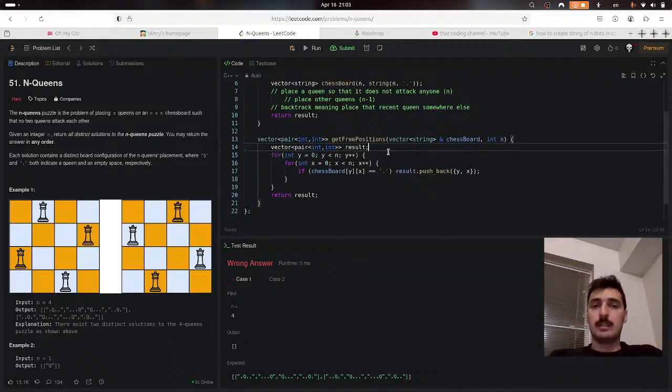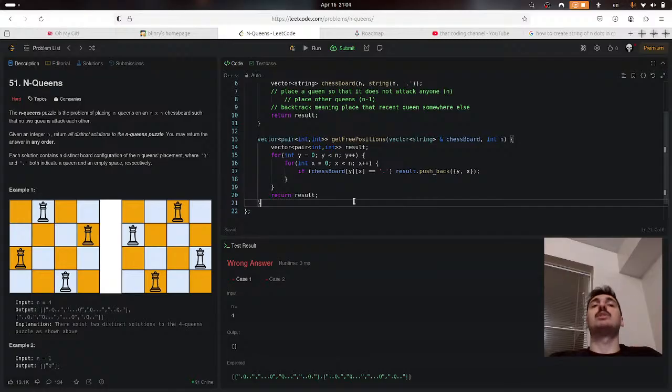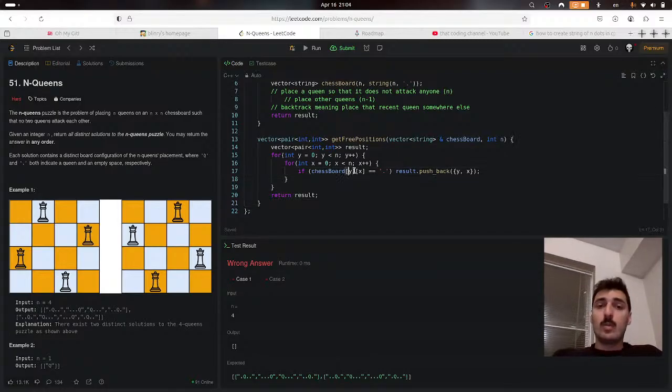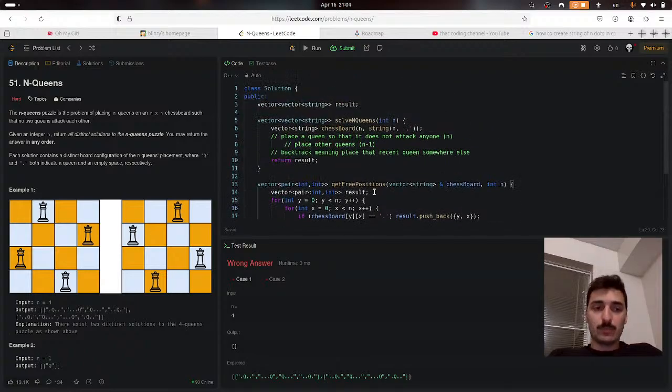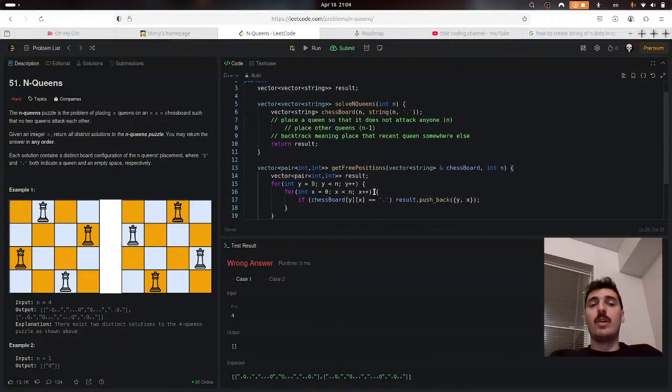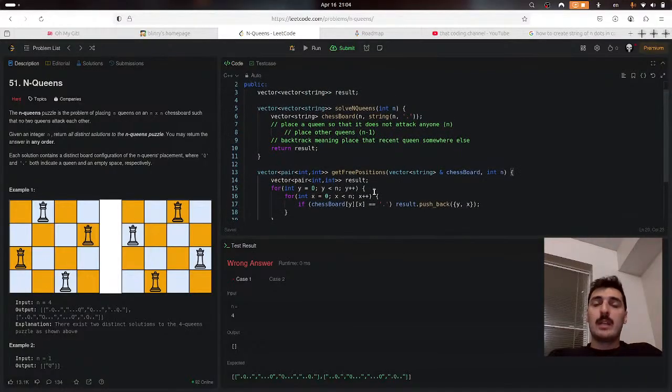I think this returns free positions where queens can be placed, like y and x coordinates that give us the position, right?